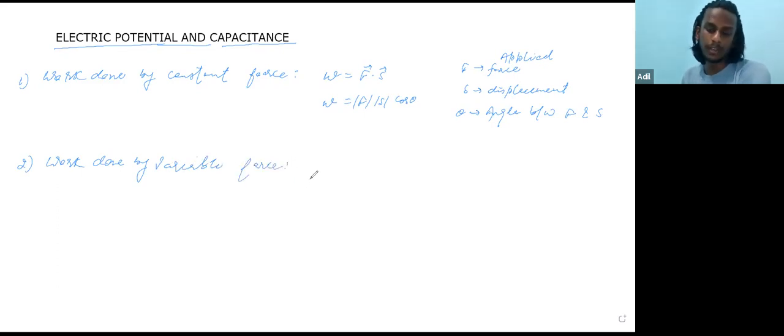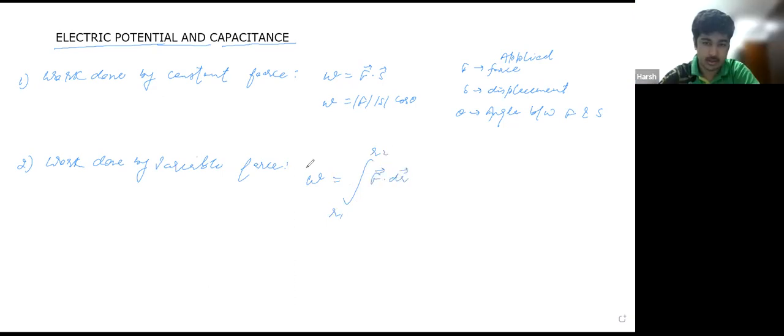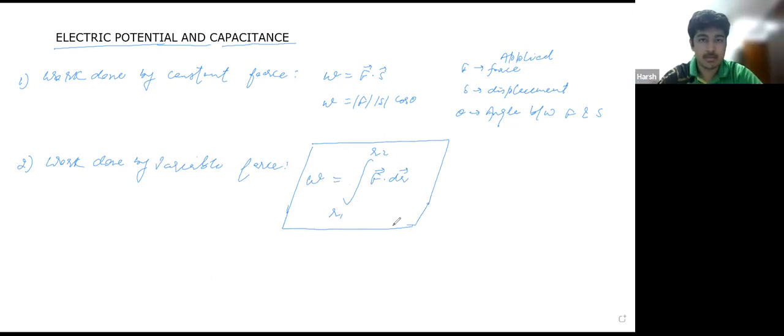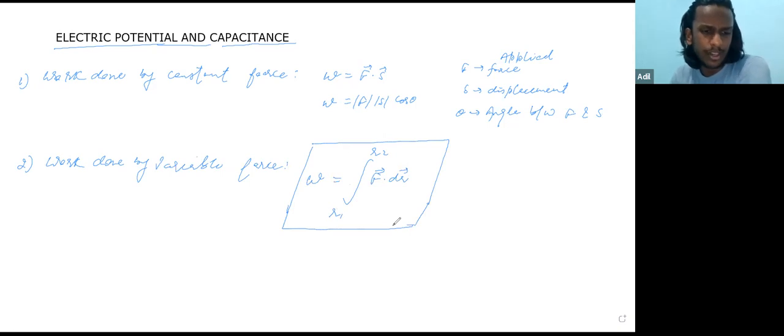The equation for the variable force is W is equal to the integration from r1 to r2 of F dot dr. This is your equation of work done for variable force. Are you clear? Okay, good. These are your basic formulas which are mostly used in this whole topic.